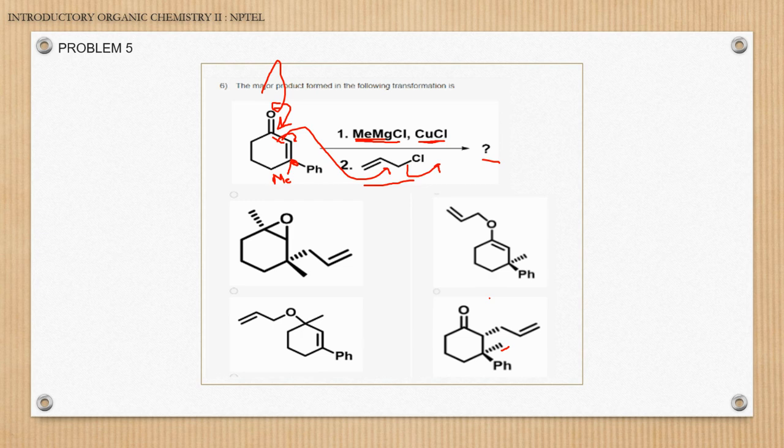Okay, I think I should go through this particular problem first, because these should be anti to each other according to the concept, but here the methyl and this particular group are the same. I think there should be a mistake in this particular question. I will get back to you with this problem again in the next session.